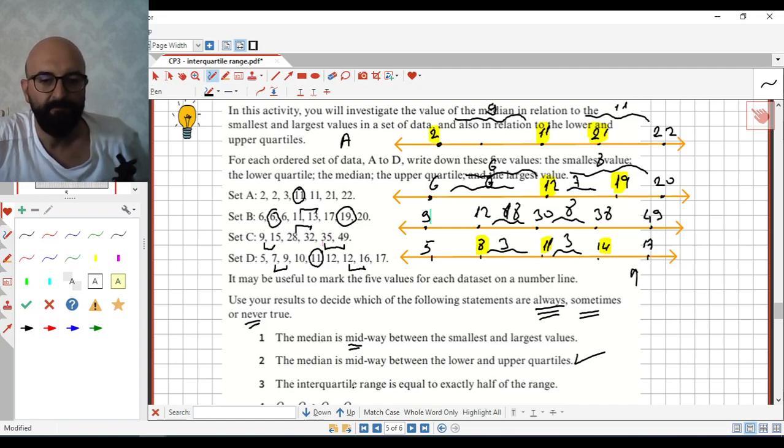The third statement: the interquartile range is equal to exactly half of the range. For set A, the interquartile range is 21 minus 2, which is 19, and the range is 22 minus 2, which is 20.